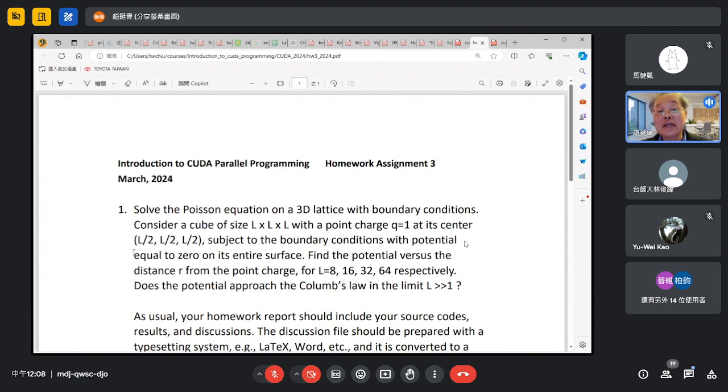In that case you may even get a better agreement, because the boundary agrees with Coulomb's law.